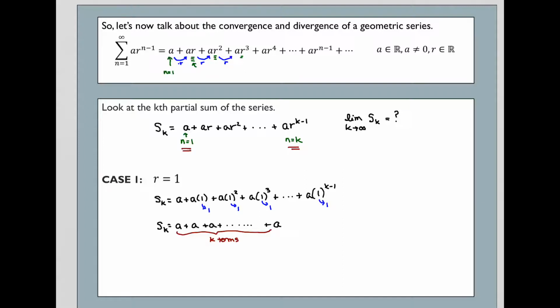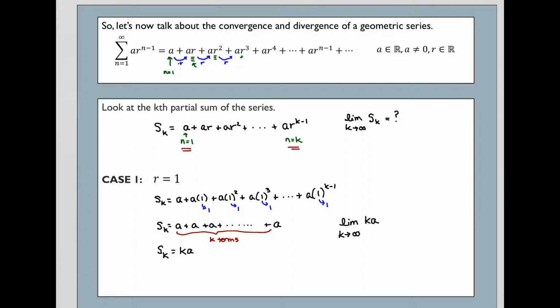That tells me that the kth partial sum is simply k times a, where a is some number not equal to 0. So when r is 1, it seems very easy to get the kth partial sum. In the case when r is 1, the kth partial sum is k times a, where a is some number.